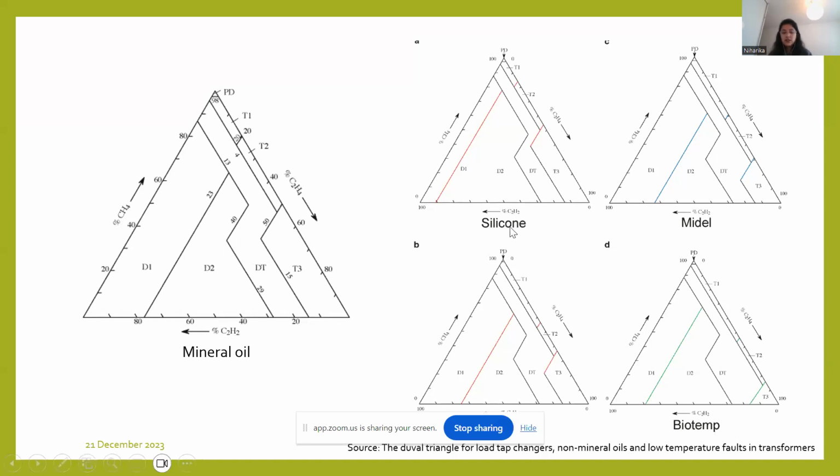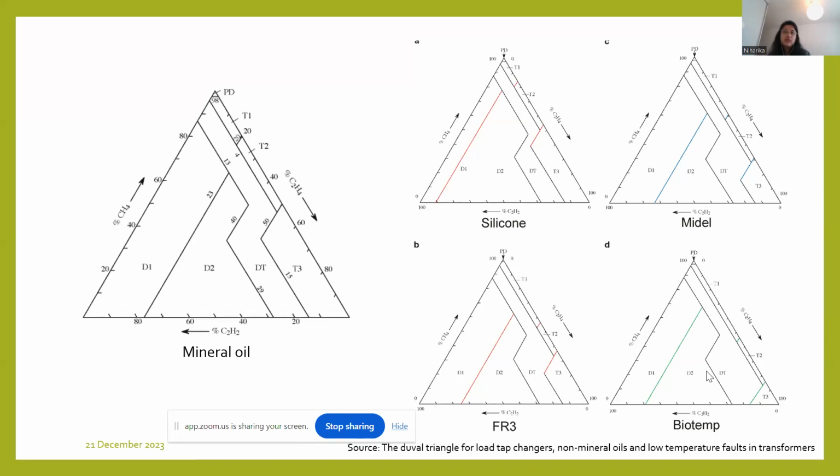Then for the silicone oil, Midel, FR3 and Biotemp, we can see how the boundaries have changed, the red lines and the blue and the green lines. The black lines are the ones which match with the mineral oil. However, for the other lines, we can see that it has changed for all the different types of oils. So this is how the gas evolution patterns change when we are considering different types of oil.